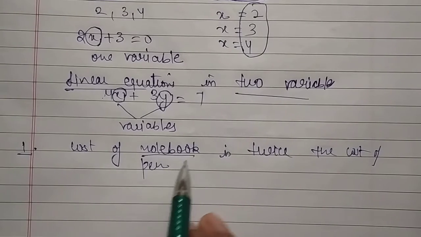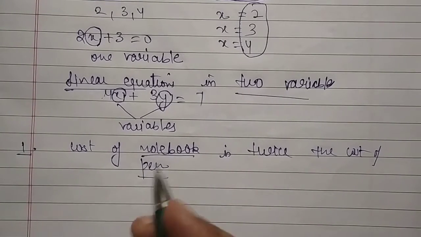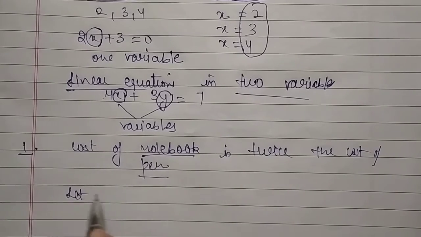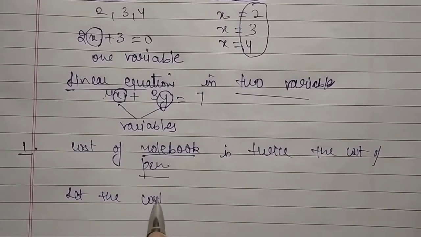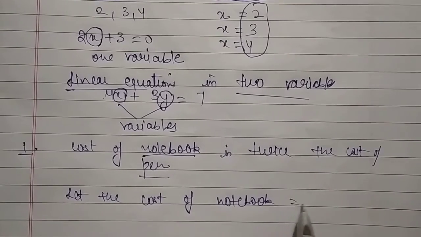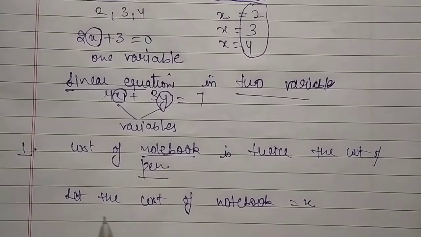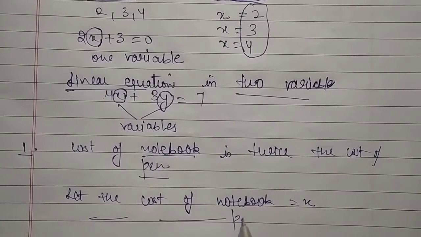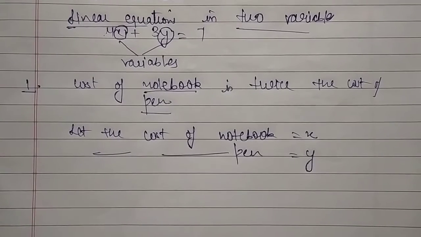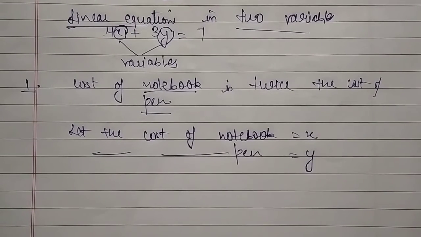One is a notebook and one is a pen. So for this we will assume: let the cost of the notebook be x and the cost of the pen be y. This thing we have assumed.